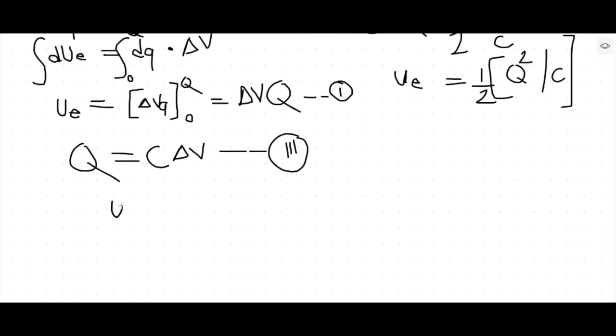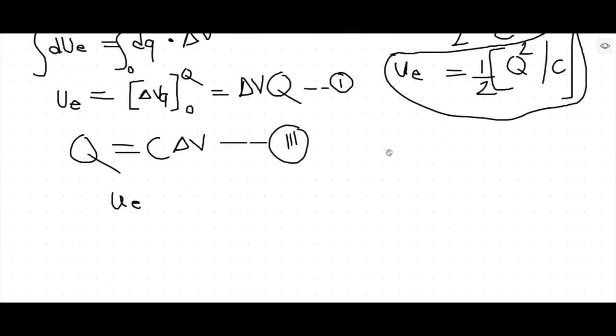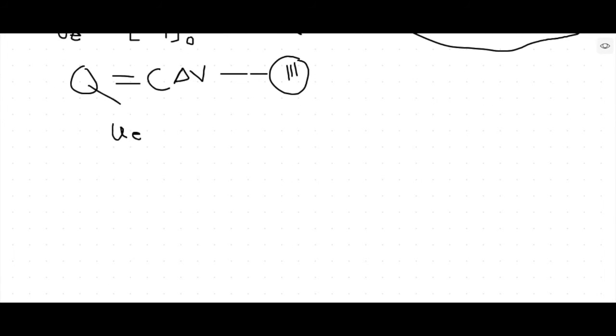What I mean by that is the thing that I just integrated from this equation, I can rewrite into another form, which will be closer to what we want. So UE is just 1 over 2 Q squared over C, which we just found.